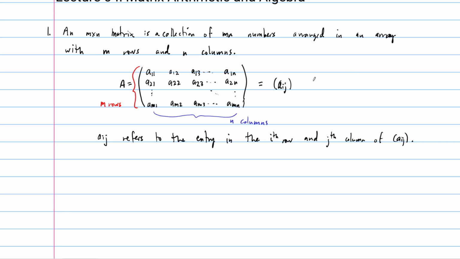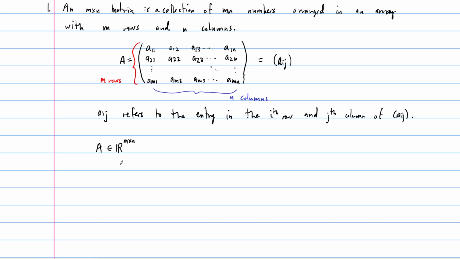So the space of all m by n matrices we will denote by a boldface R, for real numbers, and then m by n up in the superscript, with the times symbol, so m by n. That's how you know that you're referring to a matrix in the space R^(m×n). So this is all the m by n matrices, m rows, n columns, with real number entries in each entry. So this is how we refer to the whole space.